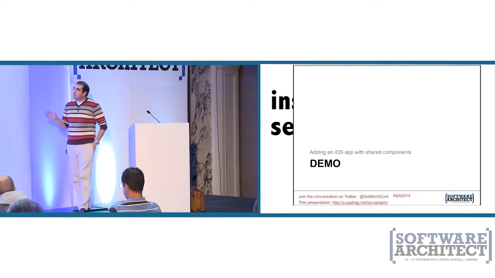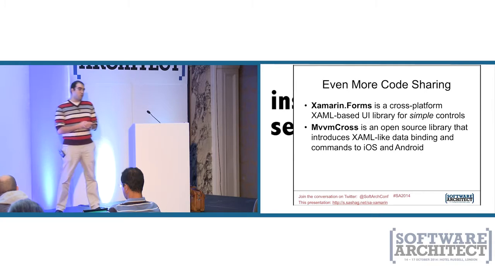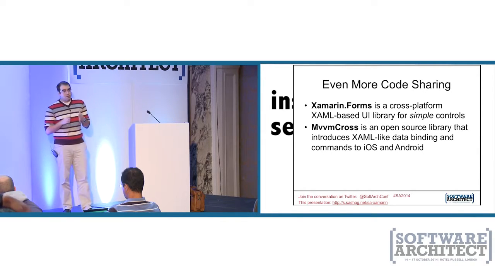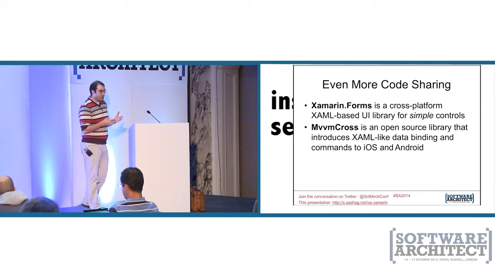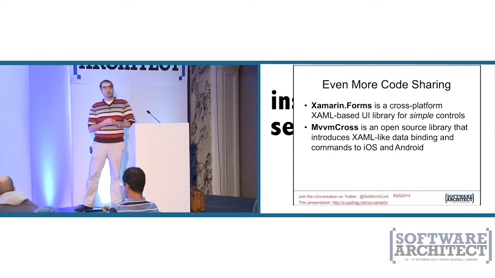The other option is a lot more mature, but it's not an official Xamarin component. It's an open source project called MVVM Cross. You can find it on GitHub, along with a bunch of nice tutorials showing exactly how to use it on the different platforms. And it provides a sort of MVVM-like UI layer that you can use on Android, on iOS, and of course also on Windows Phone, on Windows 8, in WPF applications.